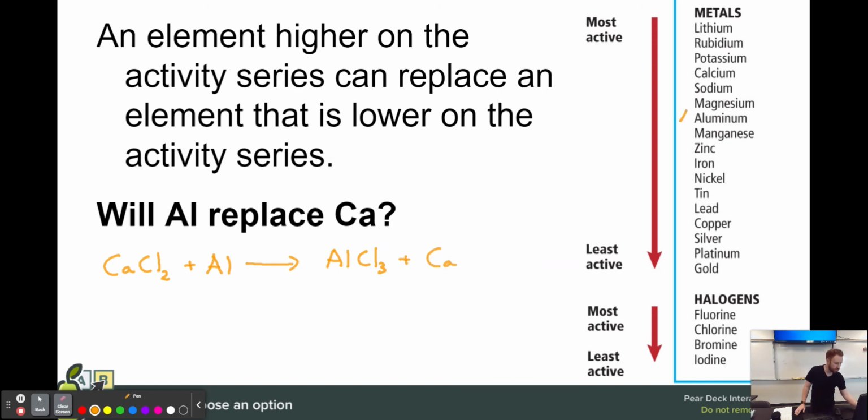Well, aluminum is here, calcium is here, so aluminum is not as reactive as calcium, so this is actually not going to happen. If you did this, there would be no reaction. The aluminum would just sit there in the calcium chloride and do nothing because it's not reactive enough to take the place of the calcium.